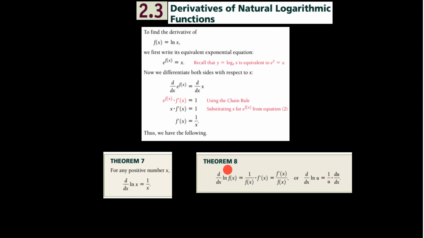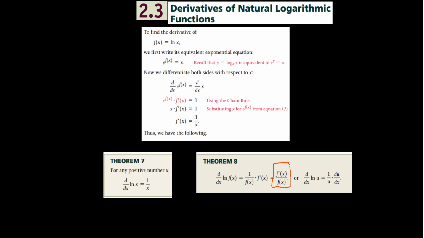So Theorem 8 says that if we take the natural log of some function, then the derivative is just 1 over that function times the derivative of the function, or more concisely, the derivative of the argument over the argument.